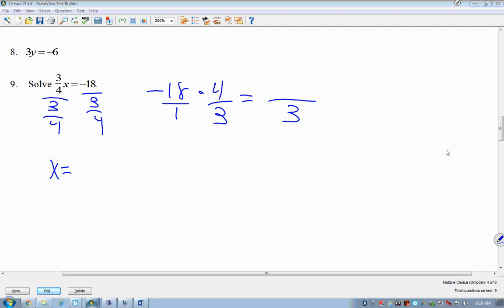What's negative 18 times 4? Negative 72. Does negative 72 divided by 3 reduce at all? Yeah, what's it reduce to? Negative 24. X equals negative 24.